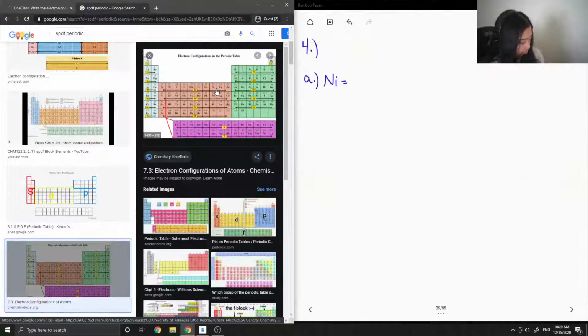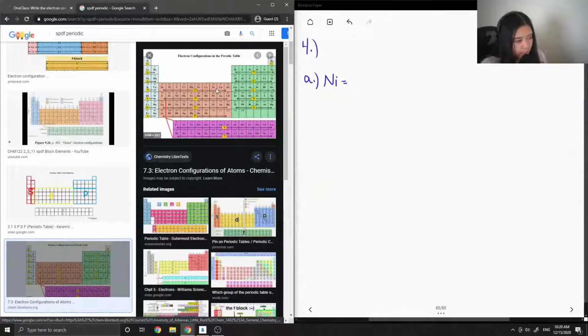Okay, so just as an example, for this very first atom, I'm going to show the long way to write the electron configuration. But for the rest of the questions, I'll just do it the shorthand way.